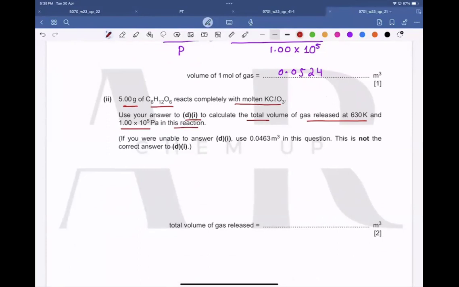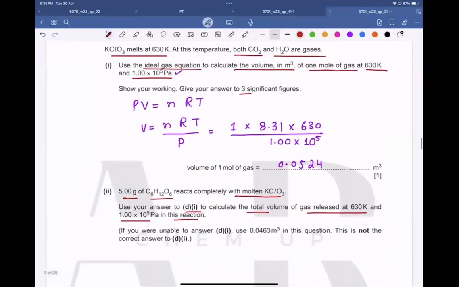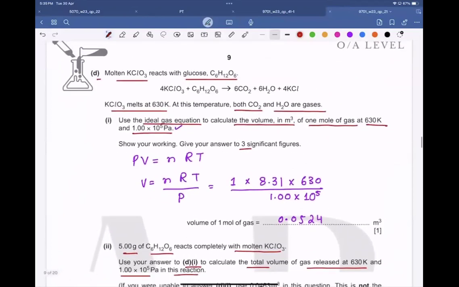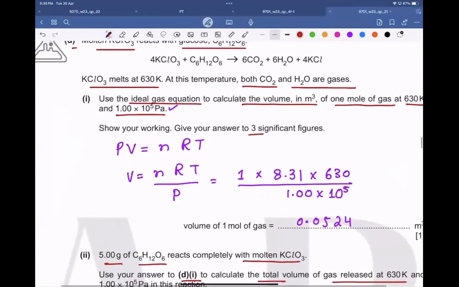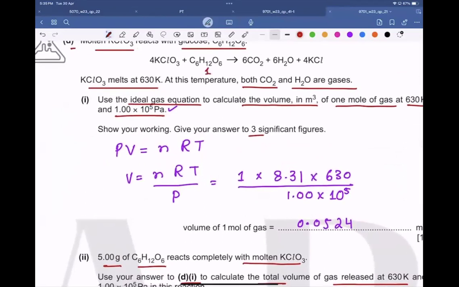If you are unable to do D1, okay. So we have to calculate the total volume of gas. Okay. Now if you see over here, 1 mole of glucose releases 6 moles of carbon dioxide and 6 moles of water.